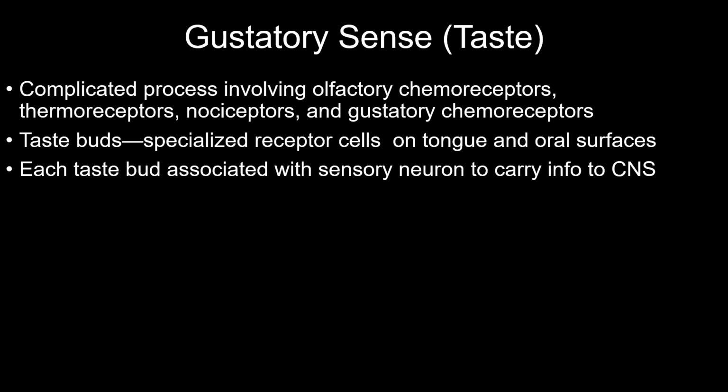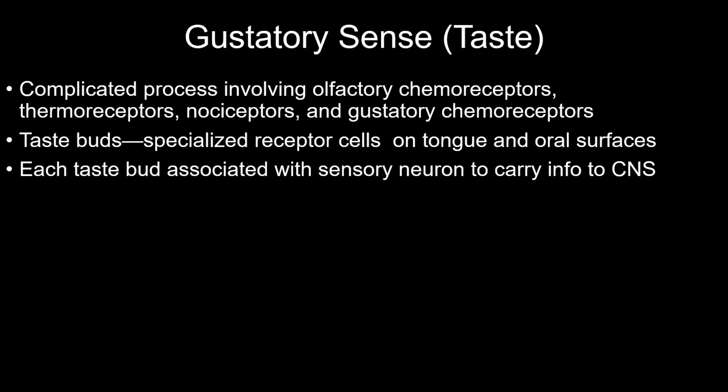Like olfaction, gustation is going to involve chemoreceptors that respond to very specific chemicals. And taste begins with the stimulation of specialized receptor cells called taste buds. These taste buds are small clusters of these receptor cells with supporting cells scattered, and they're all across the tongue and parts of the oral cavity.